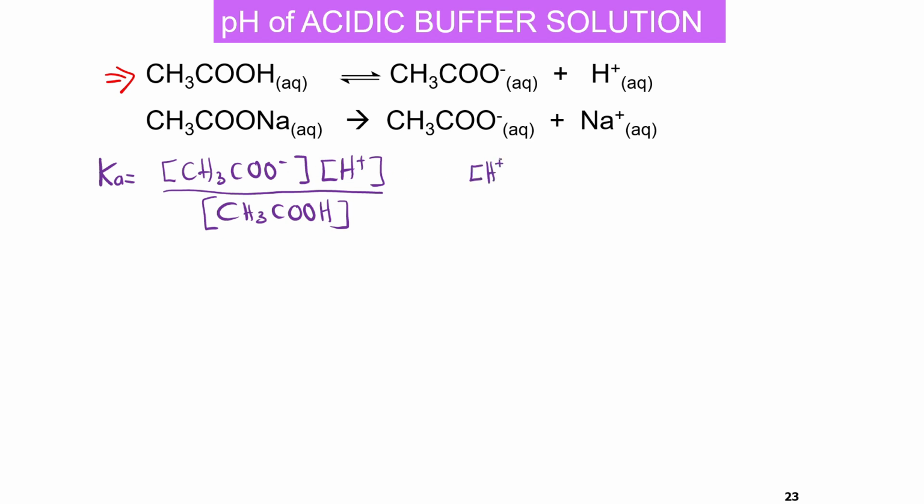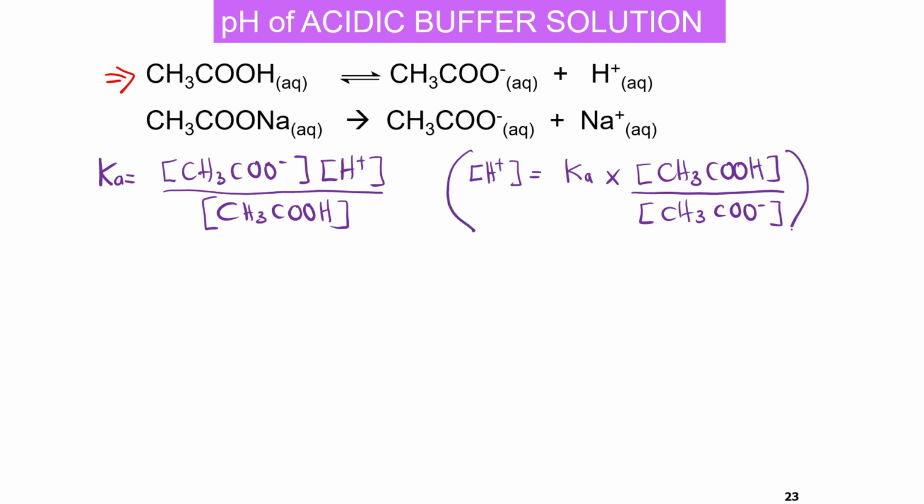So kita akan dapat H plus is equal to Ka times concentration CH3COOH over concentration CH3COO minus, which is kita akan negative log kan semua ini. Okay, taking negative log for the whole equation.